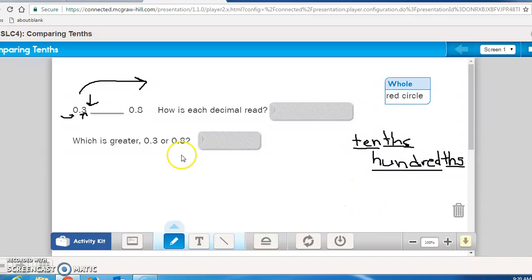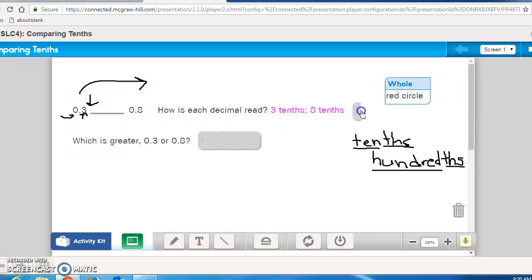Okay? So if you had 3 tenths versus 8 tenths, how is each decimal read? 3 tenths and 8 tenths. Which is greater, 3 tenths or 8 tenths?